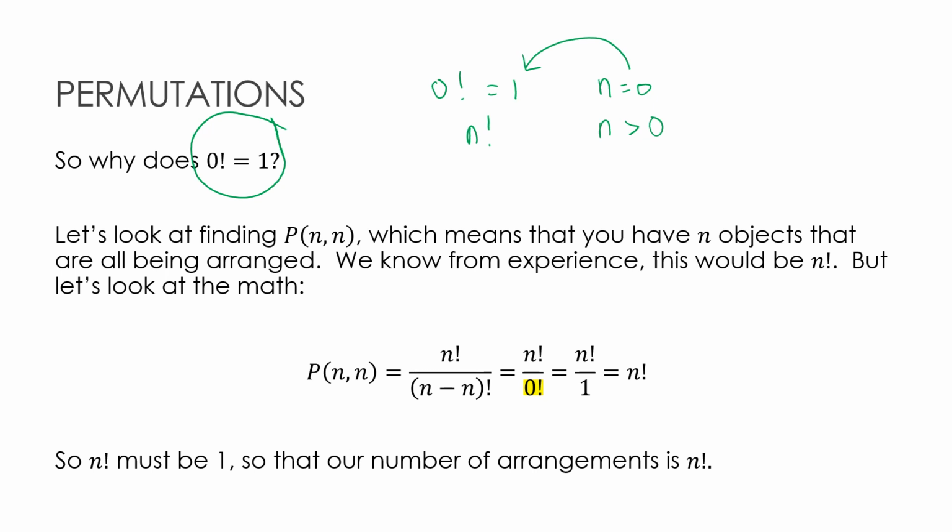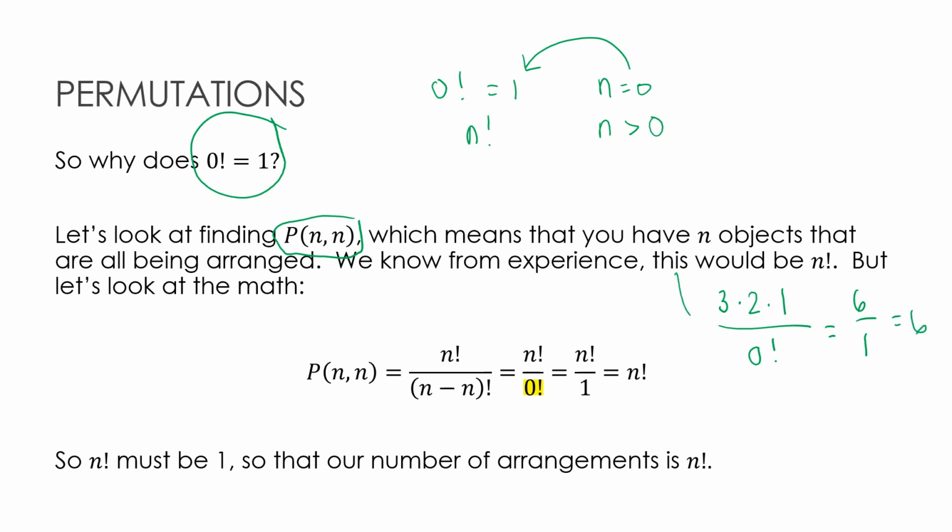Let's say I'm looking at finding the permutation of n items in n ways. So that could be 3 items in 3 ways, which would mean the numerator would be 3, 2, 1. The denominator would be 3 minus 3, which is 0, and 0 factorial needs to not be 0, because otherwise I would end up with 6 over 0, and we all know that's not okay. So 0 factorial must be 1 for my answer to work out as 6.